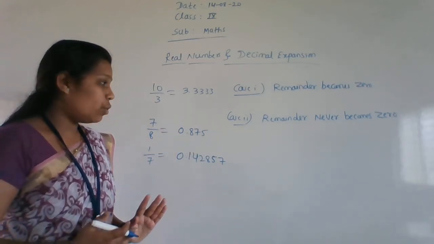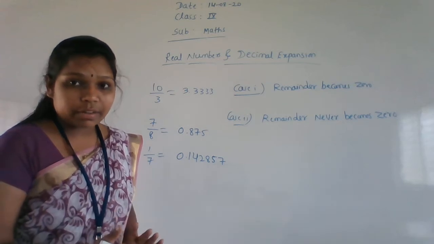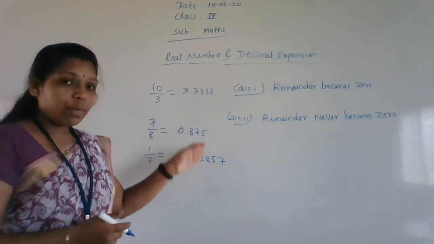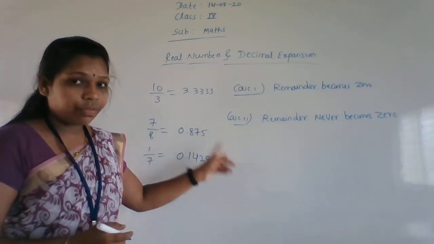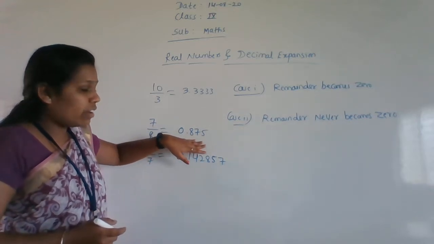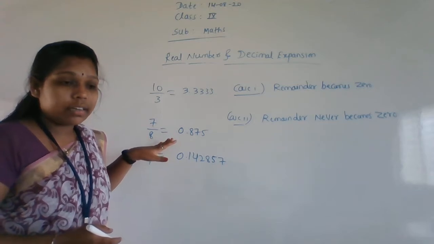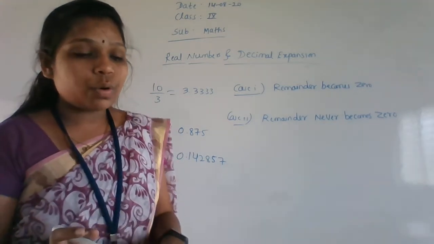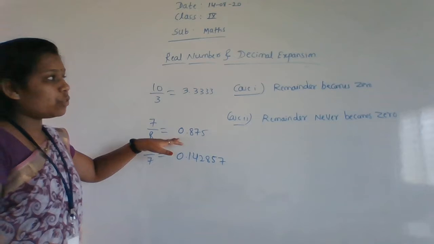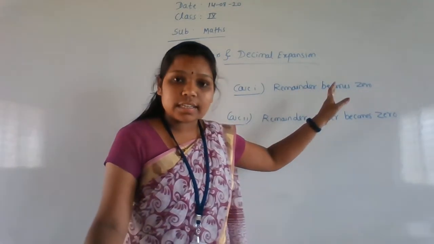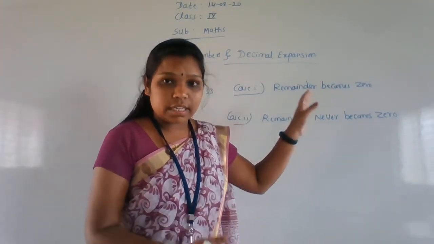Getting everyone? Don't read it as 875. So 0.875 is the quotient, and the remainder here is 0. So it is the example for the first case, where the remainder becomes 0.